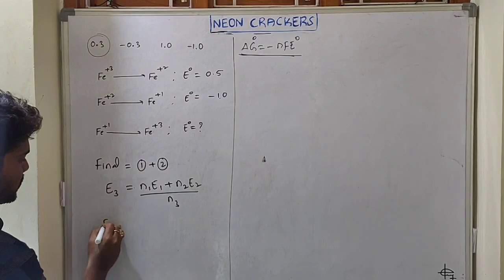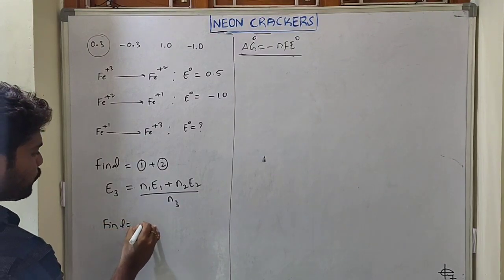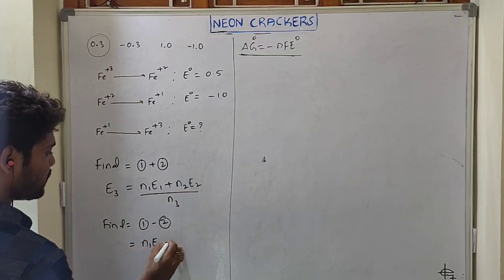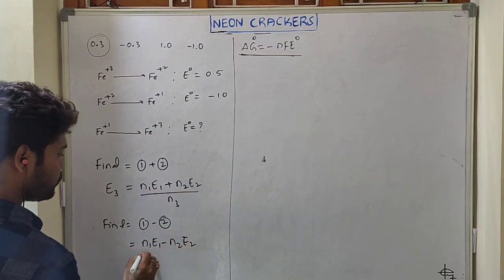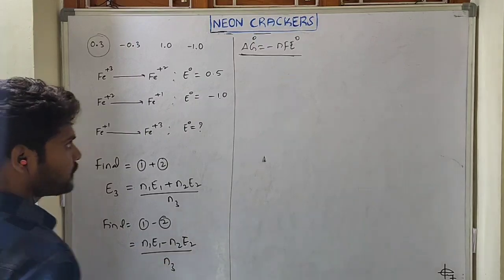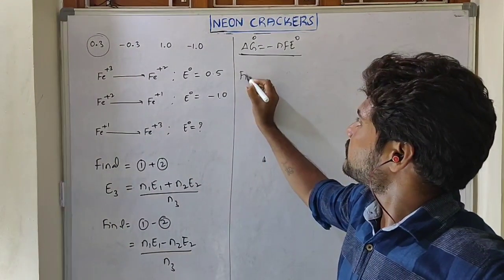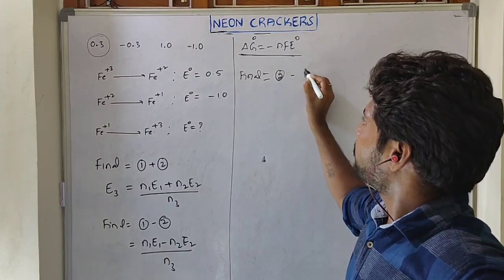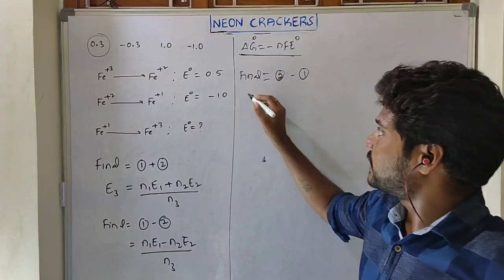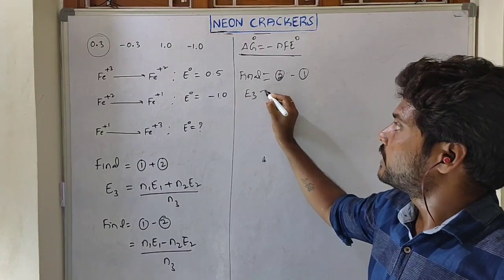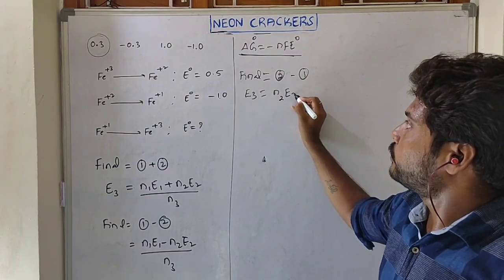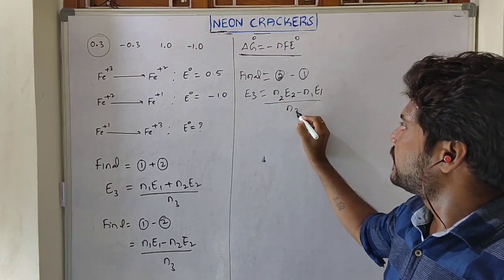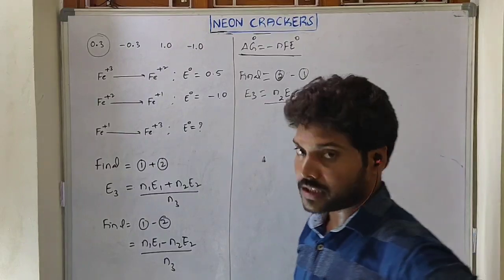If our desired equation is 1 minus 2, then we write N1 E1 minus N2 E2 upon N3. If our final equation is 2 minus 1, then E3 equals N2 E2 minus N1 E1 upon N3. Like this we can use the shortcut.